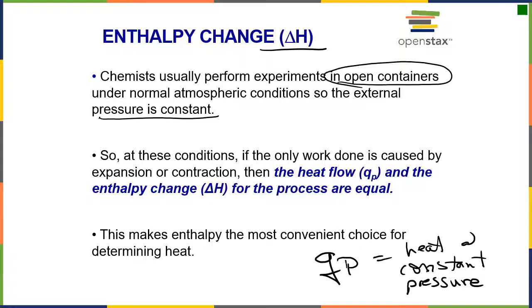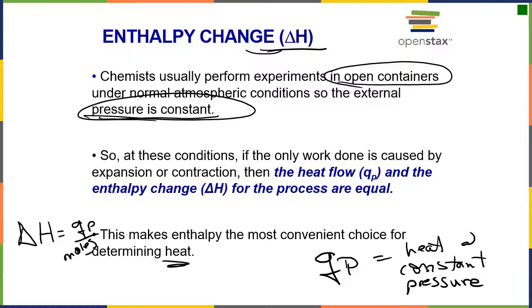So instead of doing energy, we just tend to do heat, and we are going to use it for our measurements. Here, our delta H, which is our change in enthalpy rather than just heat, is going to be Q sub P divided by moles. What this allows us to do with a nice open container and constant pressure is remove work from our energy equation.